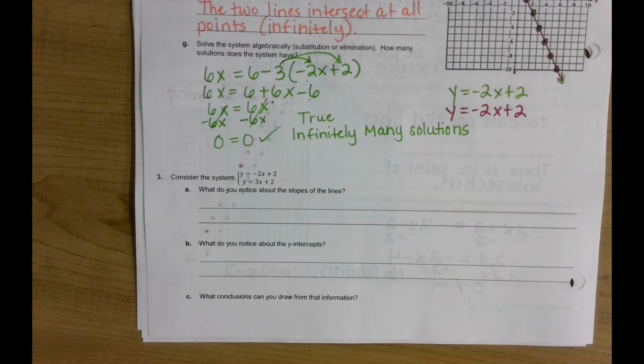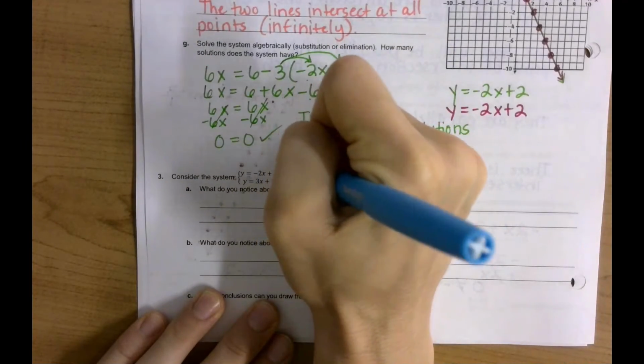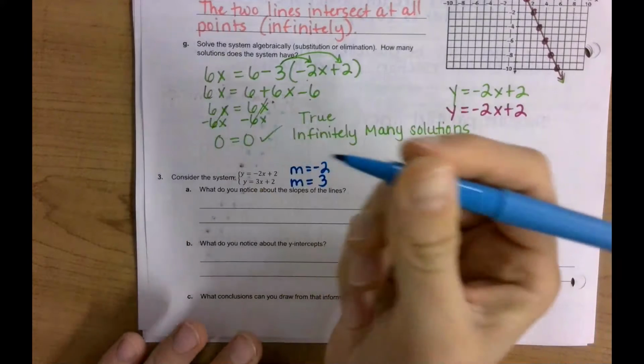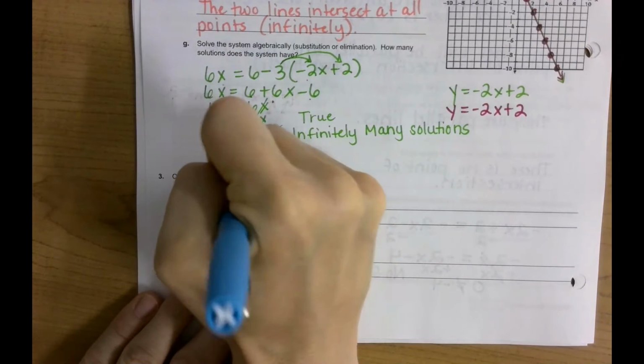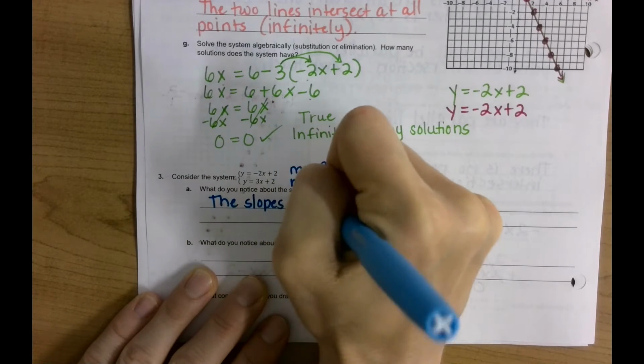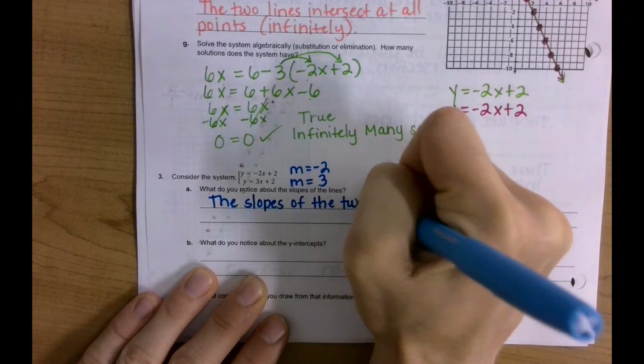So now let's go over them. So what do you notice about the slopes of the lines? Well, in this one, it's negative 2, and in the second one, it's 3. So the slopes of the two lines are different.